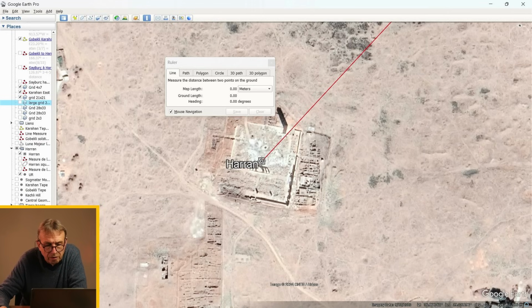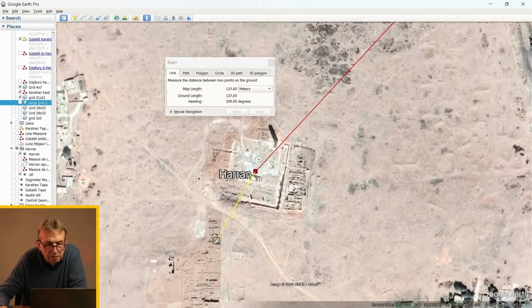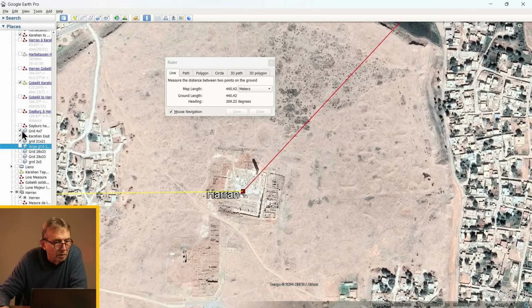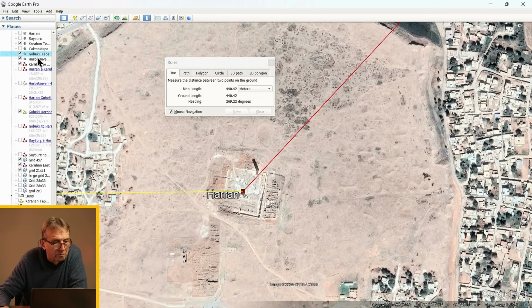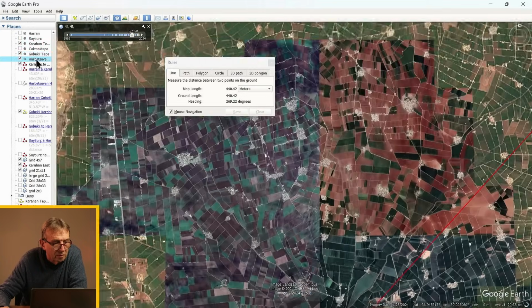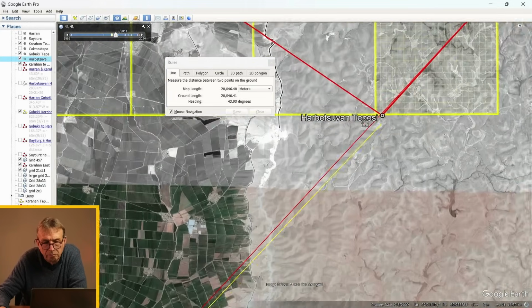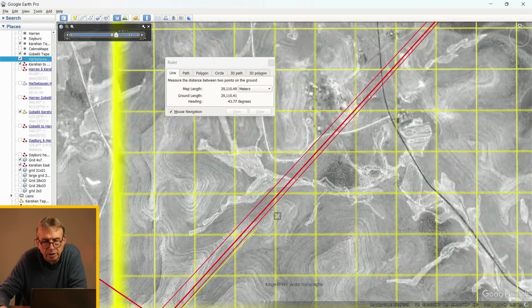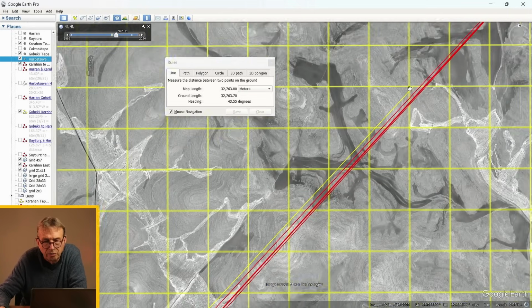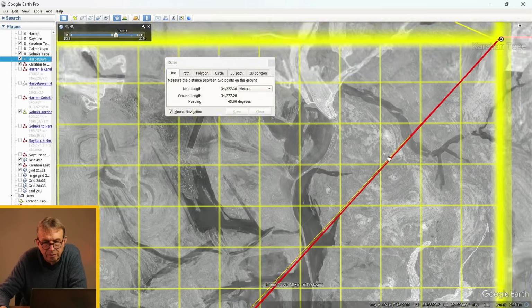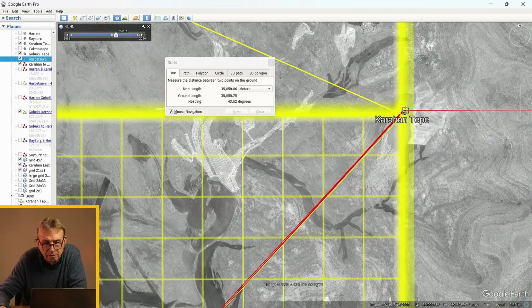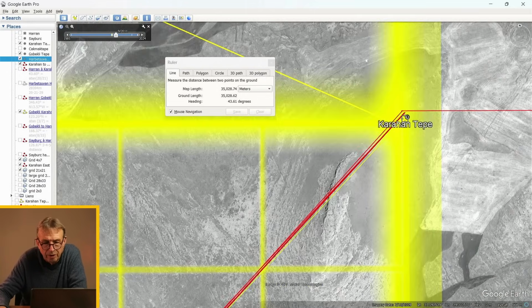So if I put a point on here, there we go. And now we go up to Harbetsuvan Tepesi. Oh no, we want to go to Karahan Tepe. So let's go right up to Karahan Tepe. Here we're at Karahan Tepe.